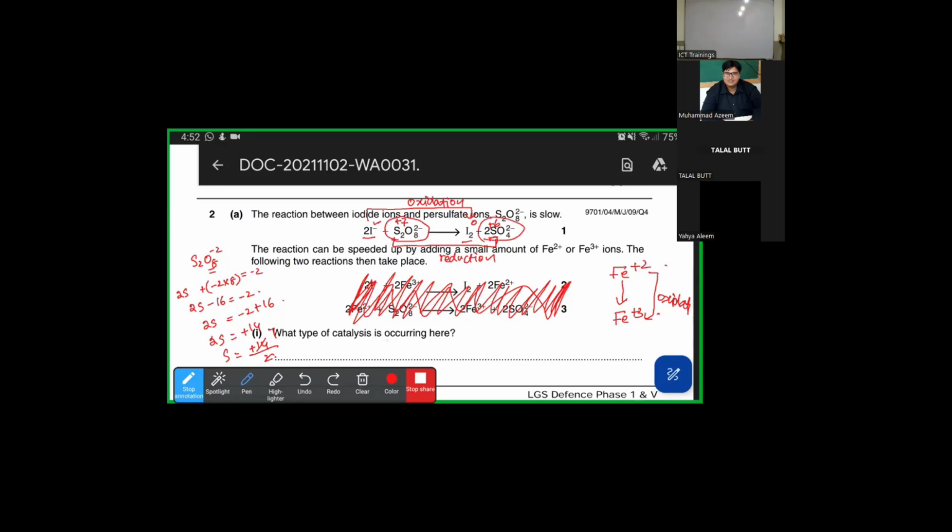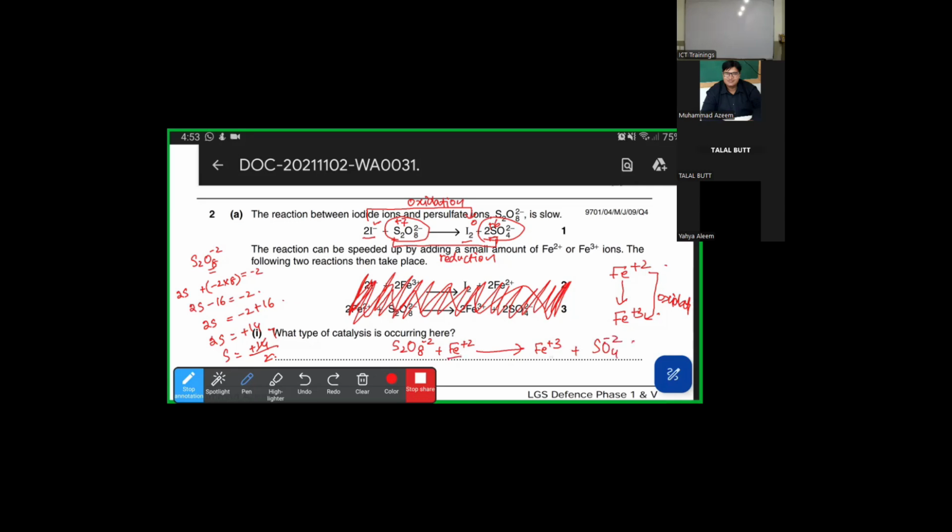So what should you do? You should write the equation up here: S2O8 2-. Fe2+ is going to form Fe3+ plus SO4 2-.